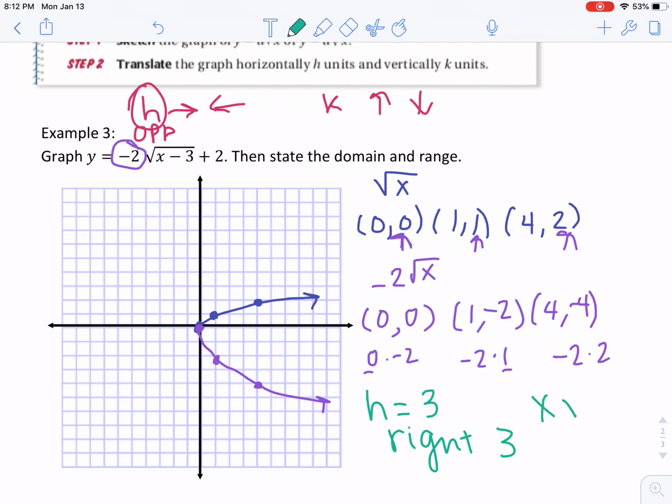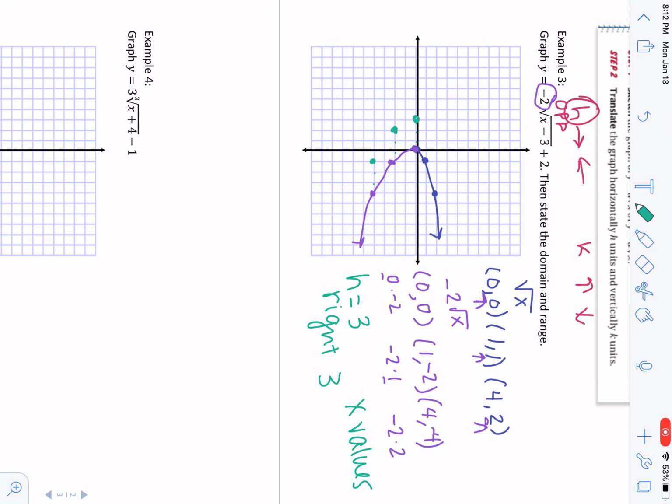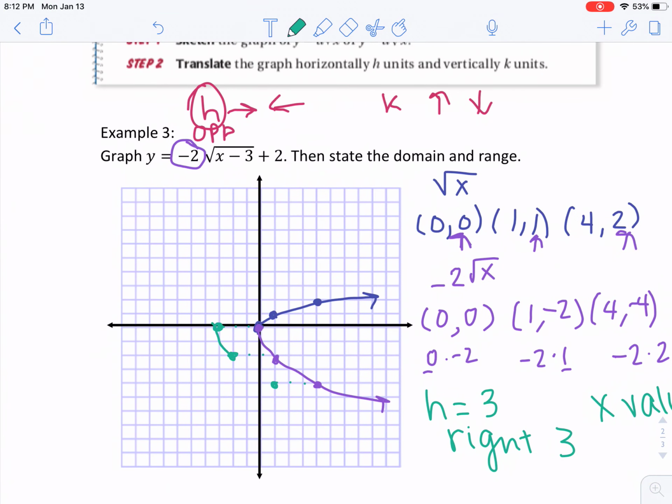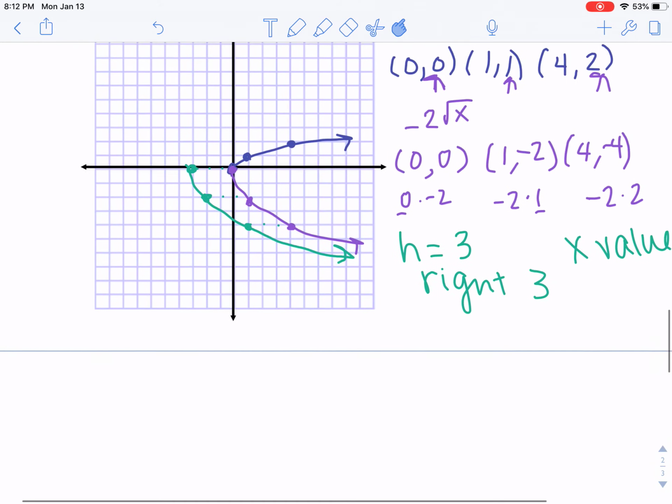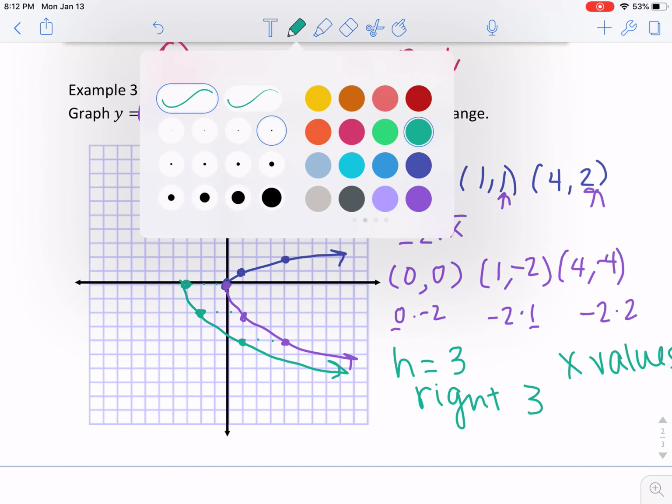So it's the x values that are going to the right 3. So I go 1, 2, 3, 1, 2, 3, 1, 2, 3. And our y values didn't change. Just the x values. Okay? So that was our shift right 3.